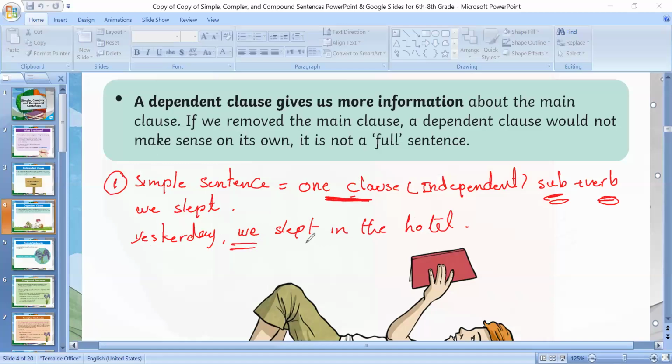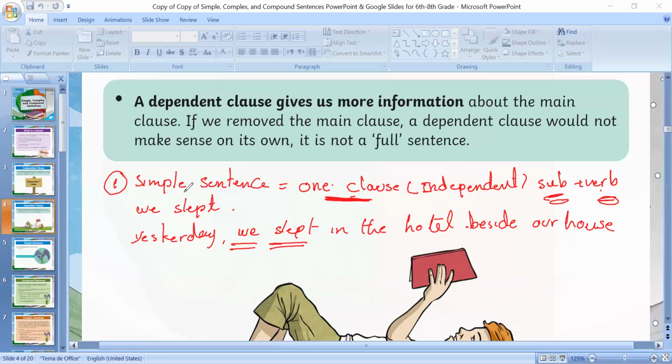Here is the subject, here is the verb. If I say, yesterday we slept in the hotel beside our house, the sentence is still one clause with one subject and one verb, so it is still a simple sentence.